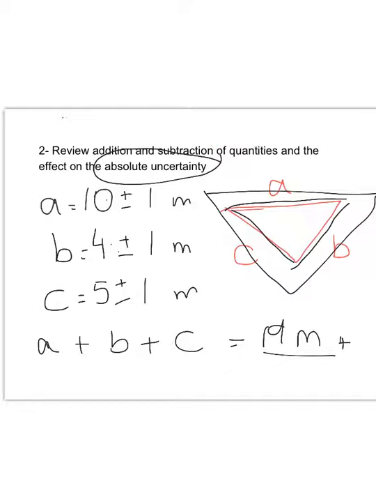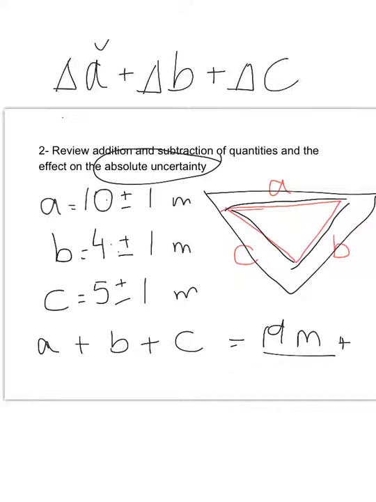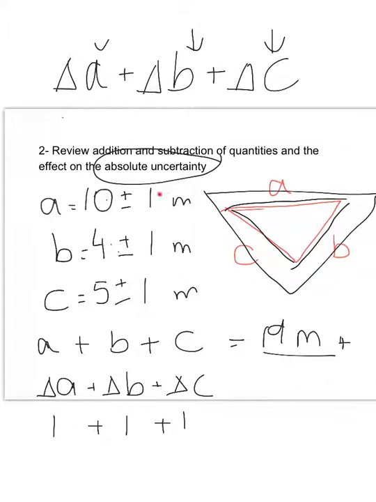You would express that like this: you add the absolute uncertainty in A to the absolute uncertainty in B, to the absolute uncertainty in C. So that would be 1, which is the uncertainty in A, plus the uncertainty in B, plus the uncertainty in C, which gives us a total uncertainty of 3 meters. So our final answer would be 19 plus or minus 3 meters.